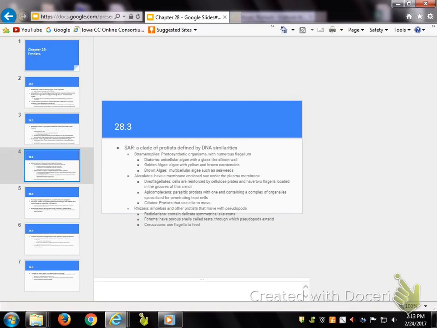And then another part of the SAR clade is the alveolates, which have a membrane-enclosed sac under the plasma membrane. Then some of them are the dinoflagellates, and these cells are reinforced by cellulose plates, kind of like armor plates, and they have 2 flagella located in the grooves of the armor.